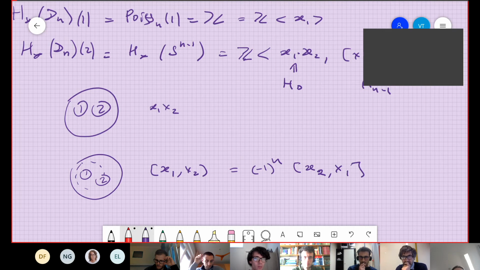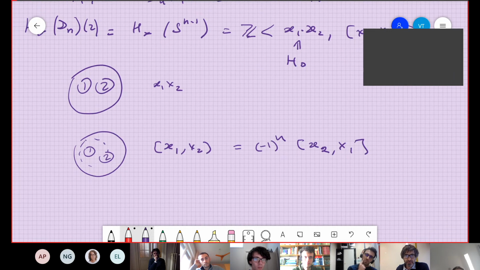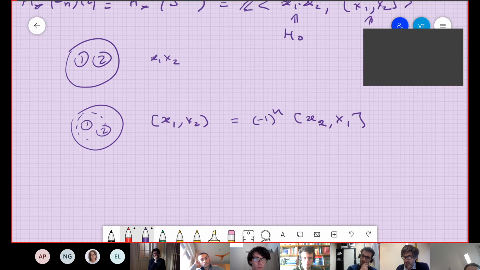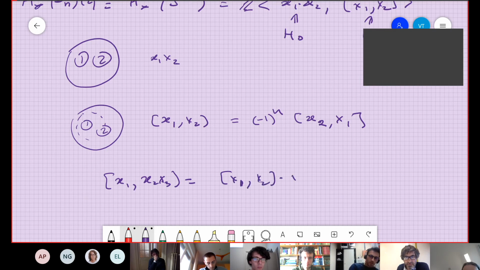If n is odd, the orientation is changed, and when n is even, the orientation is not changed, right? So exactly we have this property. And how can we see that the bracket of x1, x2 x3 is equal to the bracket of x1, x2 times x3 plus x2 times the bracket of x1, x3?